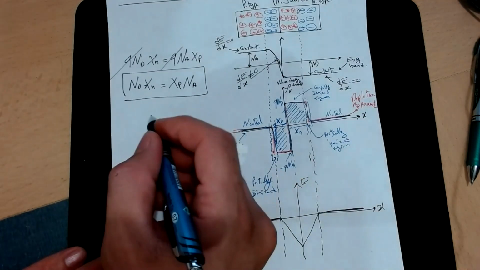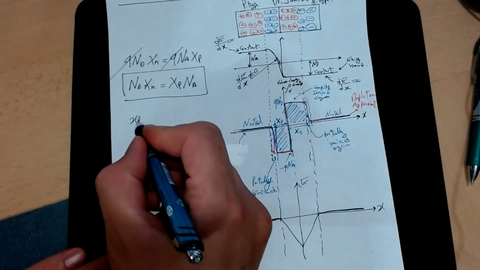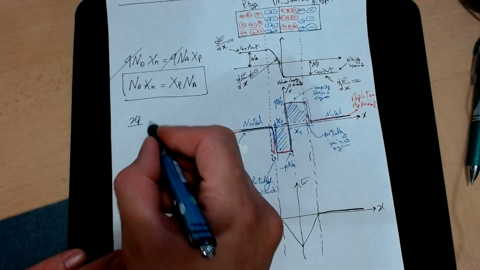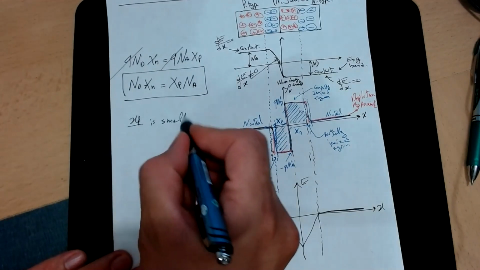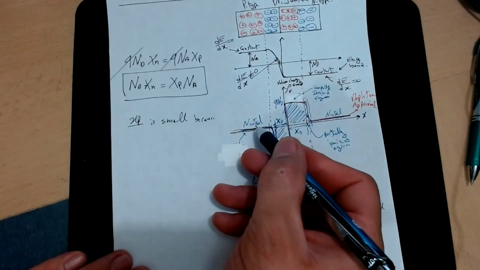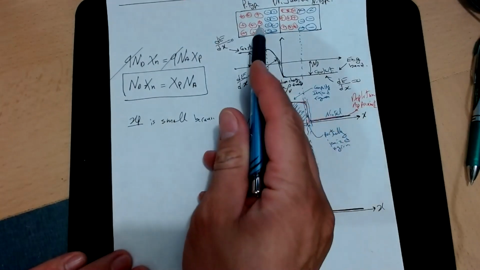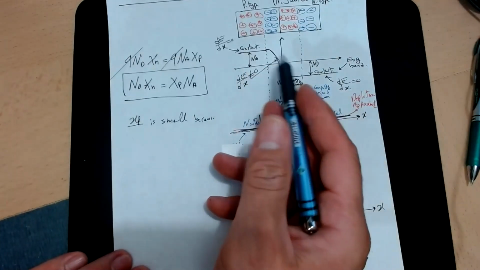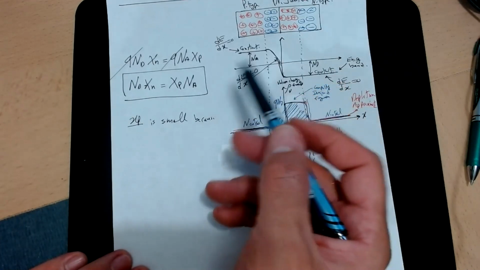We can say that x of p is really small because the doping concentration on the p side is much higher. There is no reaction with the negative.